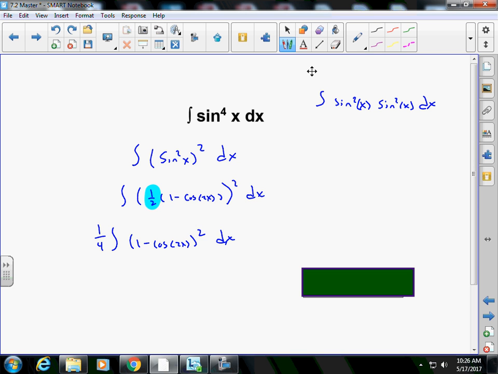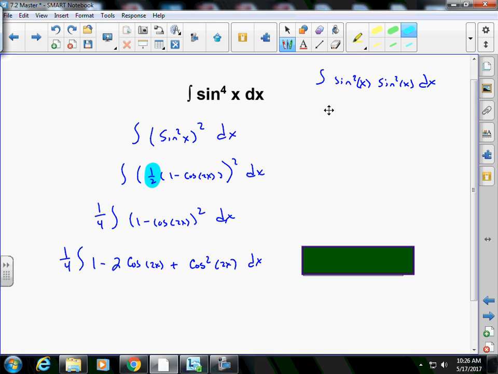Well, I'm going to have to square that and expand it. So when I square that, I get 1 minus 2 cosine 2x, plus cosine squared 2x dx.